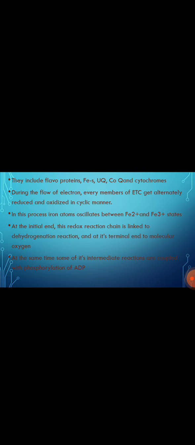In this process, iron atoms oscillate between Fe2+ and Fe3+ states. At the initial end, the redox reaction chain is linked to the dehydrogenation reaction and at its terminal end to the molecular oxygen. At the same time, some of its intermediate reactions are coupled with the phosphorylation of ADP.